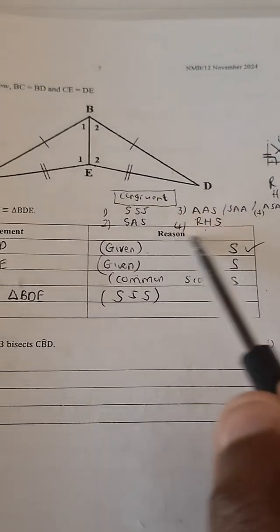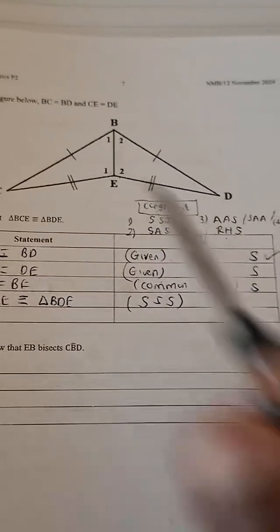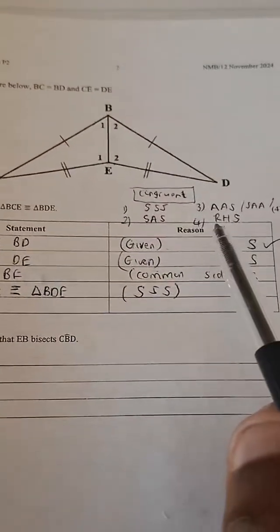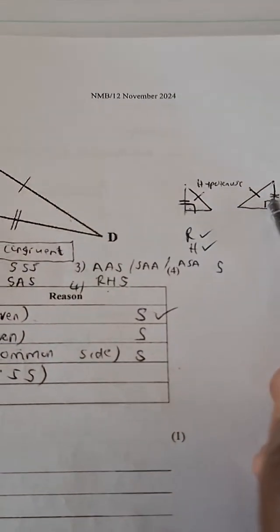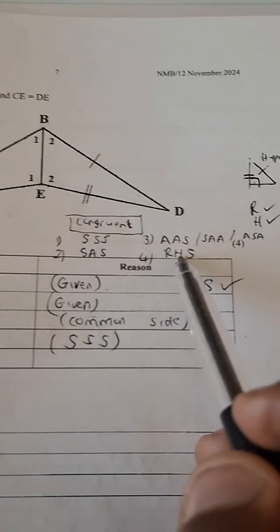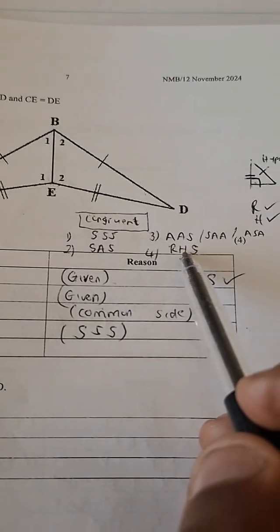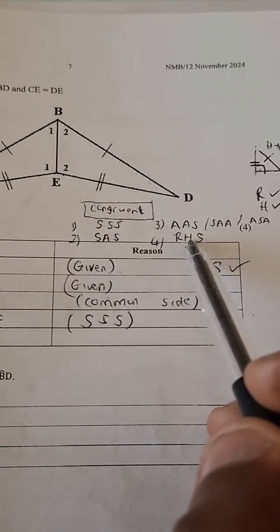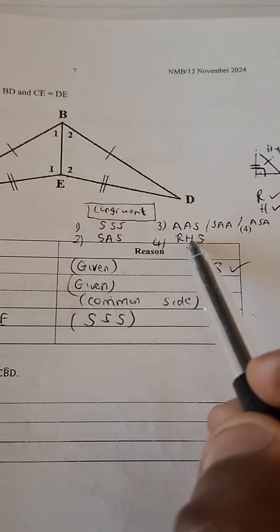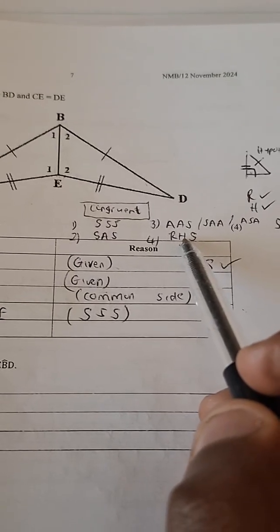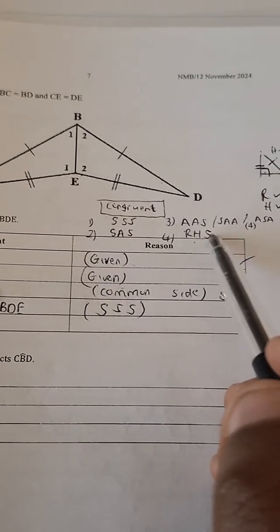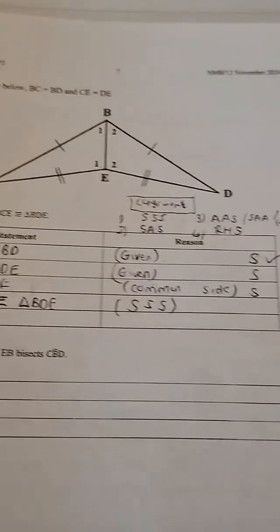Lastly, could I have used case 4? The obvious answer, guys: 1, I don't have a right angle where I can see 90 degrees. 2, I don't have an evident hypotenuse side, because there's no 90 degrees. And 3, yes, there is an S, but it is not enough.